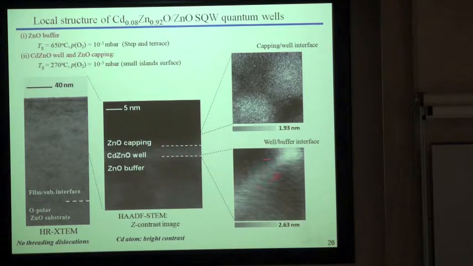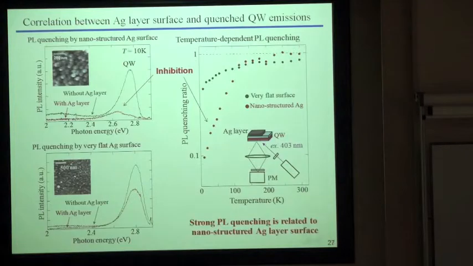It shows smooth surfaces, and on top of the capping layers, we fabricated silver metals to measure the plasmon characteristics. We fabricated two kinds of silver layers.